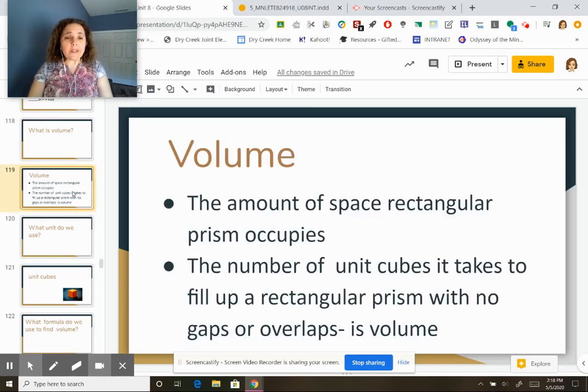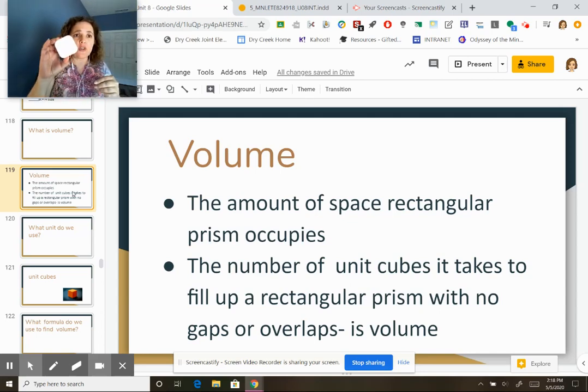Okay, so if you said it's how much space is taken up by something inside of a rectangular prism, you are correct. Using unit cubes to measure the inside, how much space is taken up on the inside with unit cubes with no gaps or overlaps, you would be correct.